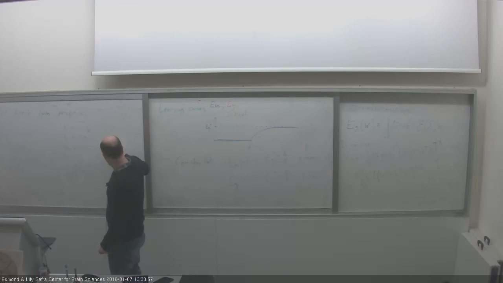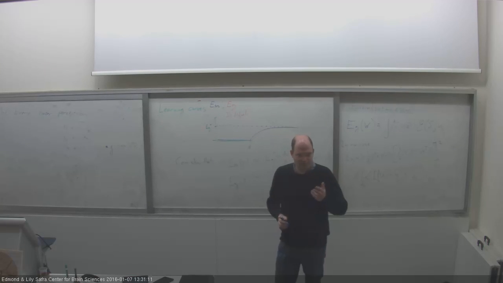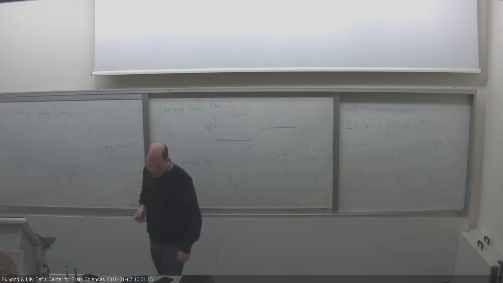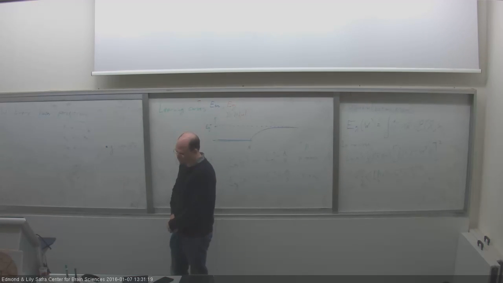But the output that they spit out is just binary. It's a sign of W transpose X. So it's either -1 or 1, or you can translate it to 0 or 1 if you wish. It's a binary output. It has one of two values.